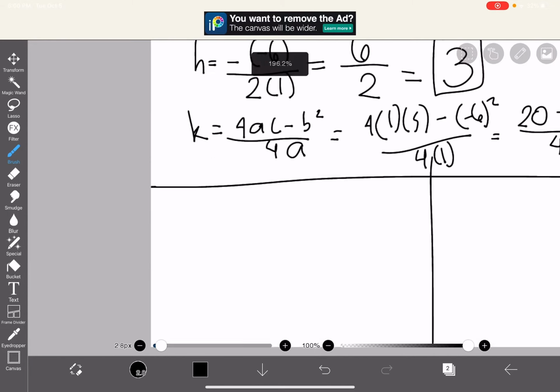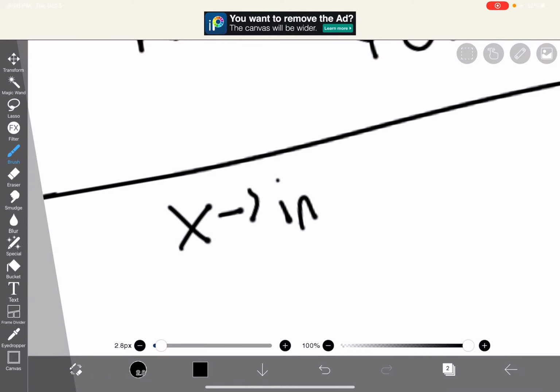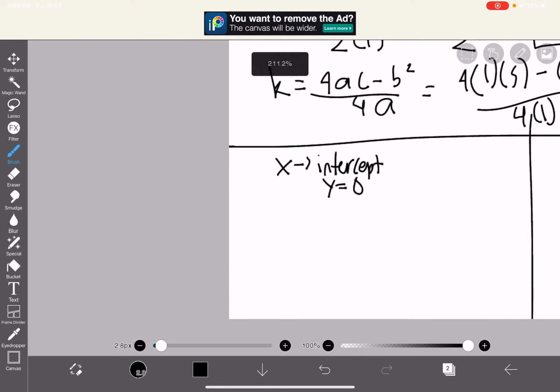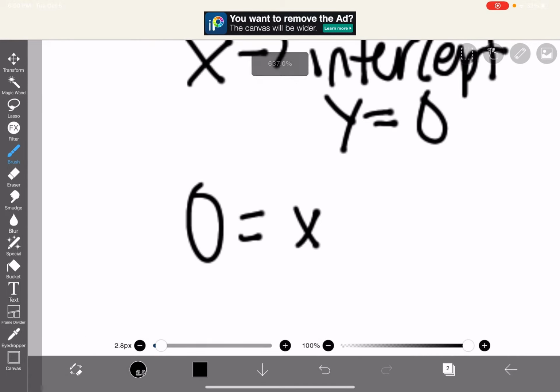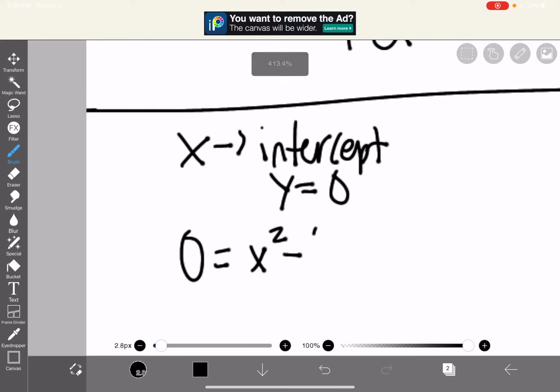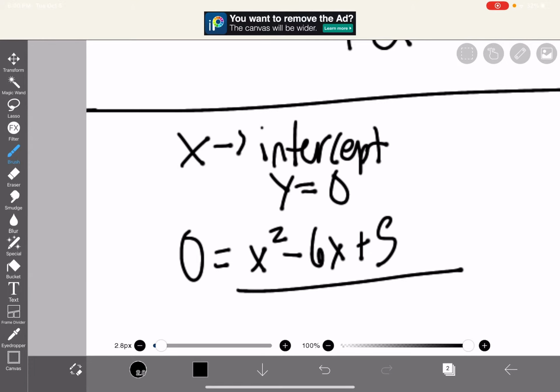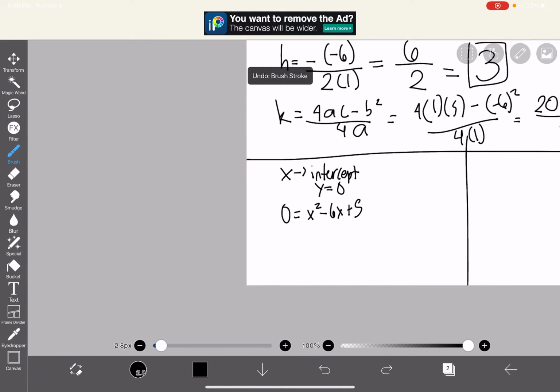If you remember, for the x-intercept, y equals 0. To solve this, all we're going to do is use any of the methods in solving quadratic equations, if you still recall one of the lessons.